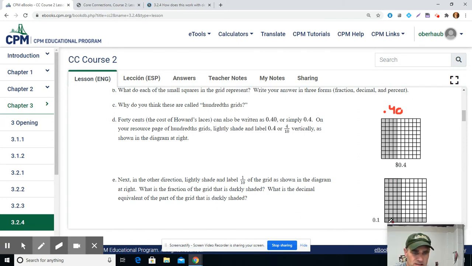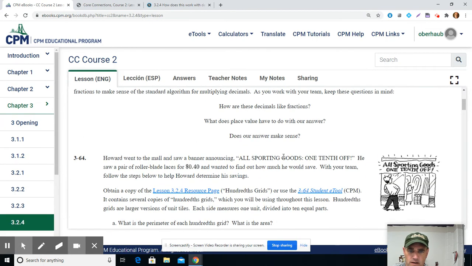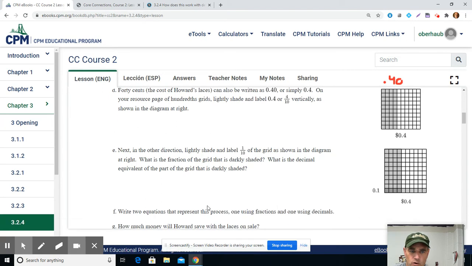Remember, it's on sale for 10% off. So up here, it talked about everything is 1/10 off. So when I go to my grid, I'm going to shade 1/10 this way. The reason it's 1/10 is because there are 10 rows, 2, 3, 4, 5, 6, 7, 8, 9, 10 rows. So one of the 10 rows.